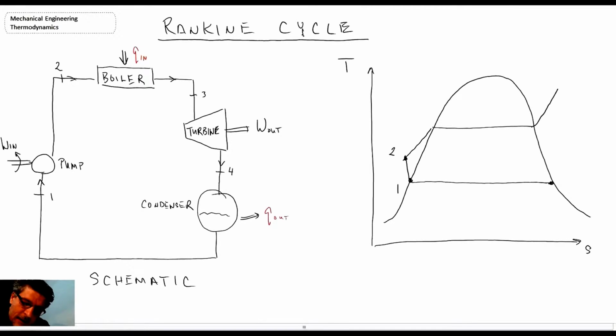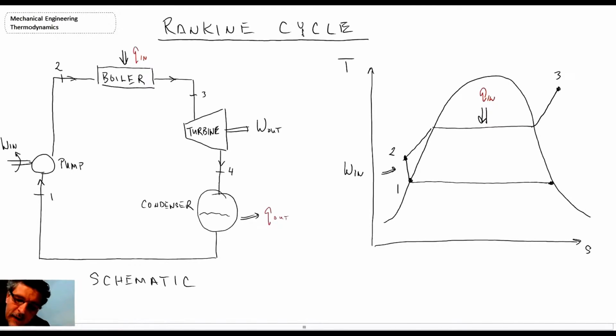Once we go through the pump, we are doing work, so we'll represent that. We then go into the boiler, taking us from state 2 up to state 3, which brings us into the superheated region. In order to do that, we need heat addition, which is what is going on in the boiler.